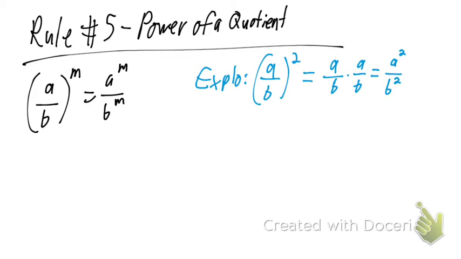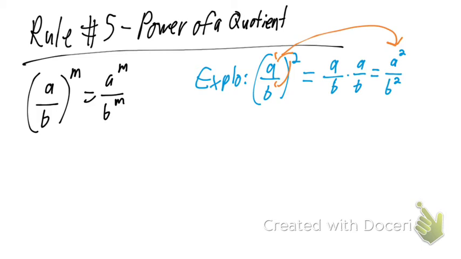So from start to finish, we have kind of a shortcut where we took this 2 and distributed it to whatever powers were there. Just like before, the exponent on the outside of the parenthesis, we distribute it to the power that's there.